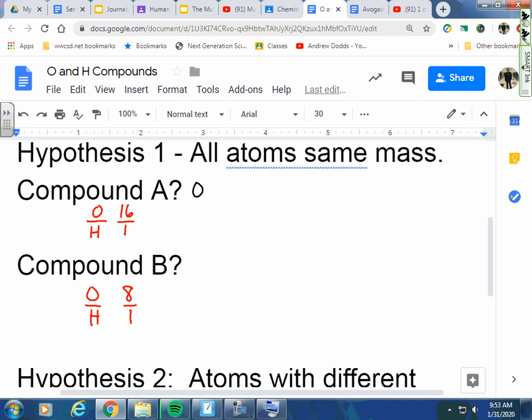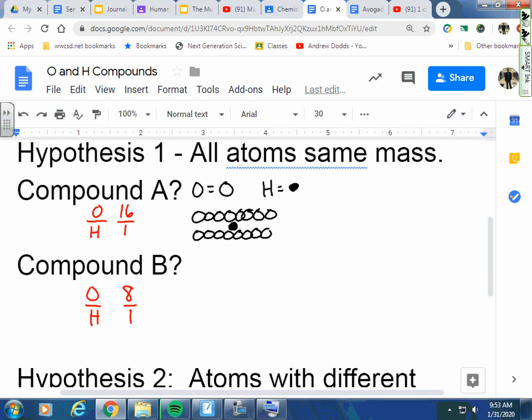So you made oxygen be a white circle, and you made hydrogen be filled in. So your model, if it's a 16-to-1 ratio, might be something like this, with 16 white dots and 1 black dot. Okay.